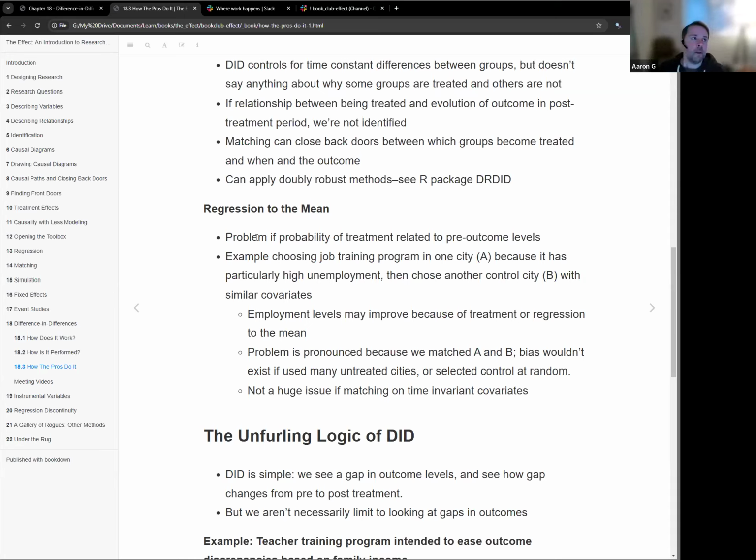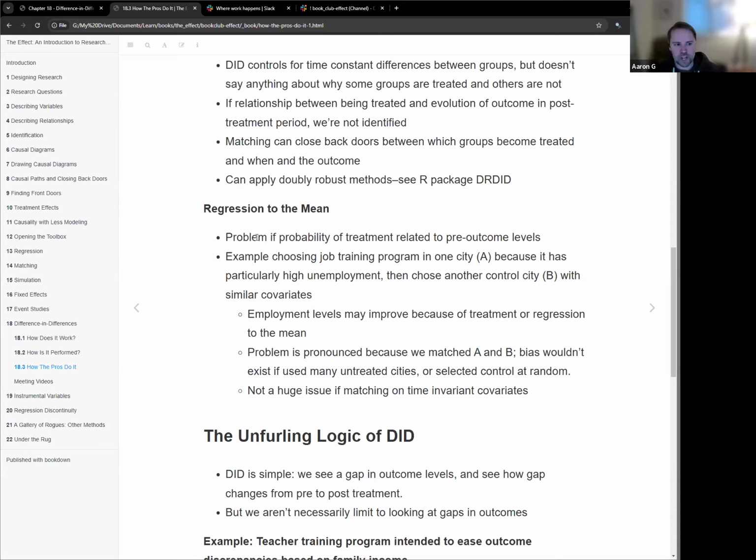And so if in the current or recent time periods, you're seeing really, really high unemployment relative to the longer term history or trajectory, it may be the case that in a follow-up period, it's going to go down just because it happened to be extraordinarily high, right? And that, again, could be due to random noise. And so that's called regression to the mean. That's definitely a problem with DID studies in particular.